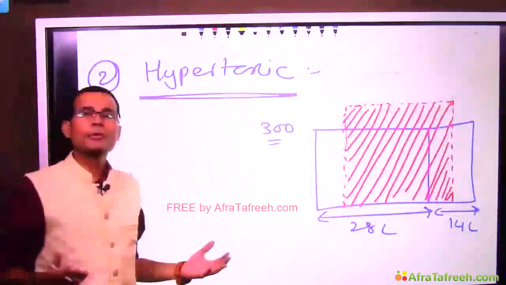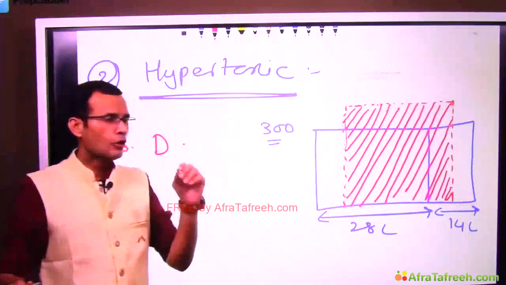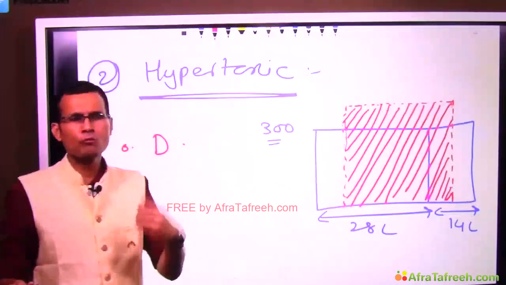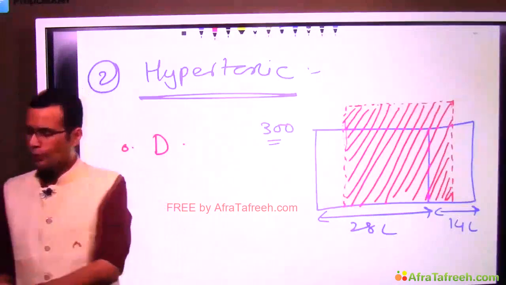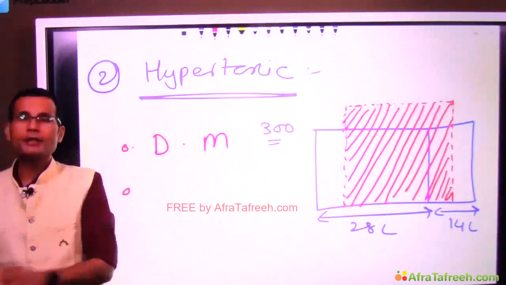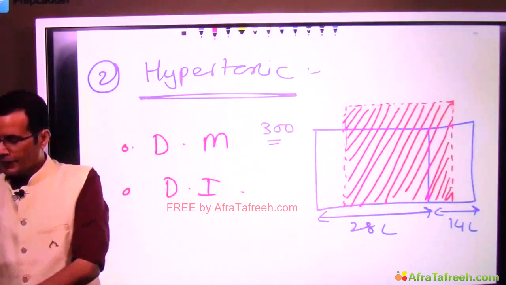Now, when does that happen? What are the conditions? All those conditions in which there is osmotic diuresis or water diuresis, and simply water is lost out of the body, such as diabetes mellitus, diabetes insipidus.